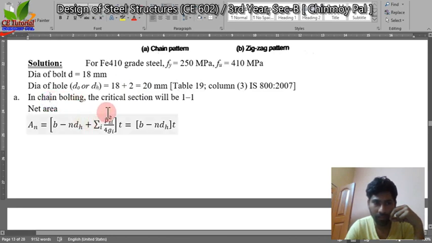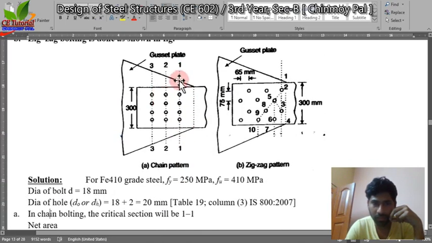For chain bolting, the critical section will be 1-1. Critical section will be 1-1. Why not 2-2 or 3-3? Suppose this section tears out along the line 3-3.